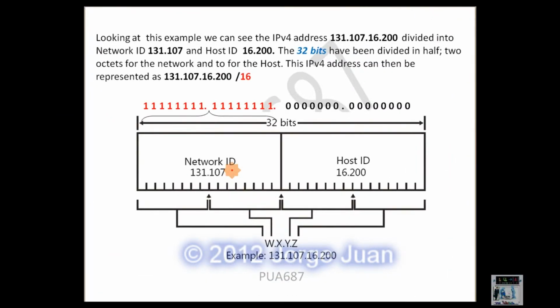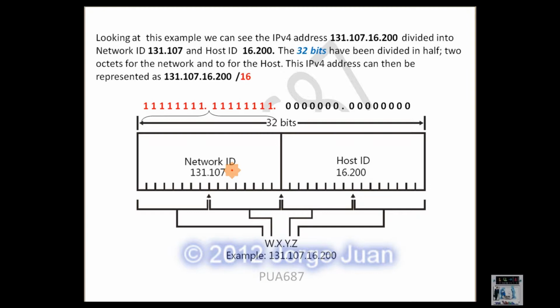Okay, going back to the second example that I used in this tutorial. Looking at this example, we can see that the IP version 4 address of 131.107.16.200 was divided into exactly half. The first 2 numbers correspond to the network ID 131.107, and the host ID is the 16.200 part of the entire IP version 4 address.